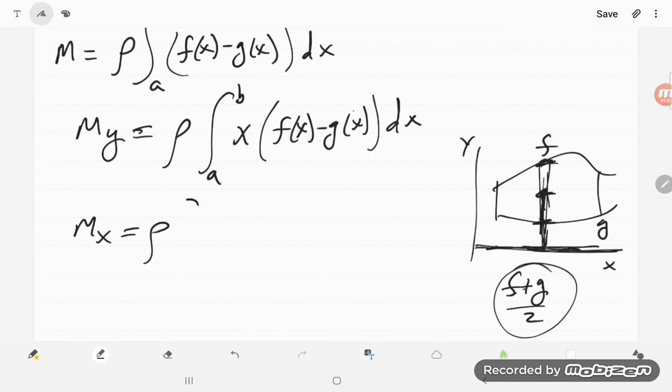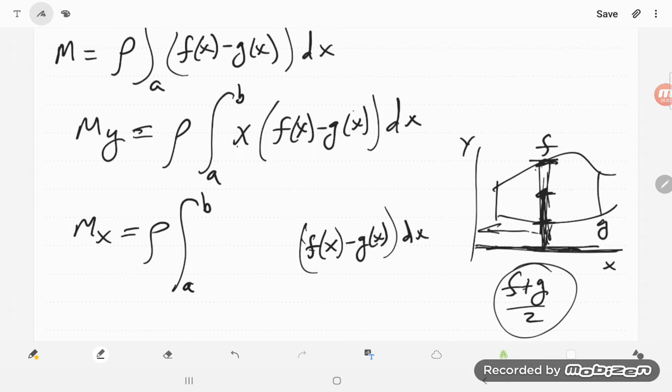So we still have that rho. We still do an integral from a to b. We still have our mass, f of x minus g of x dx. So that was our mass, but instead of this x for the distance this way, we're using the average of the two function values for our distance that way, toward the x-axis.